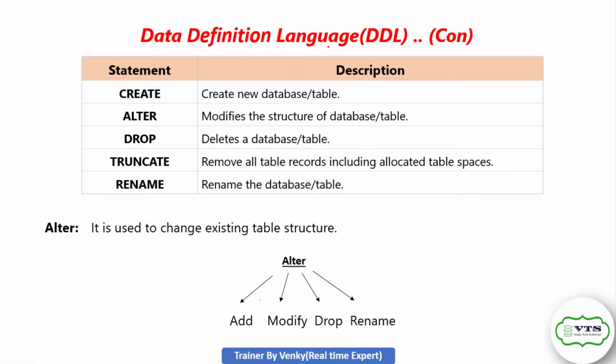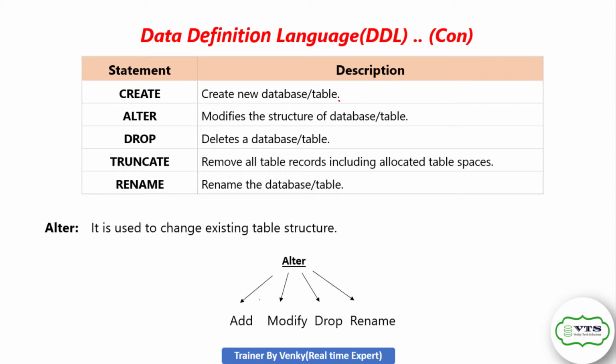Data definition language, as I explained in my previous video, these commands are used to create or define the database objects or tables. Objects are nothing but tables, procedures, these things, right? These commands are used to define or create the database objects, and change the existing structure of the database object or schemas.